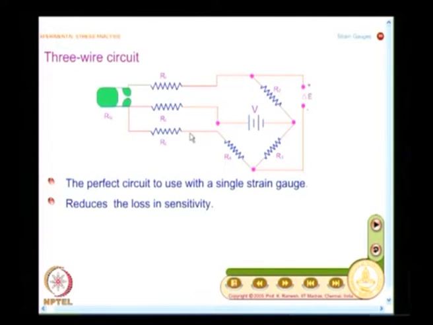And what is recommended is, this is the perfect circuit to use with a single strain gauge. When I am using a quarter bridge, this is the best arrangement, and this reduces the loss in sensitivity.